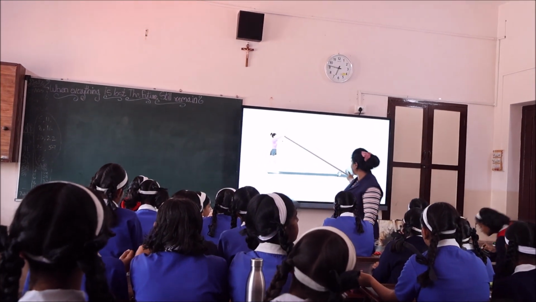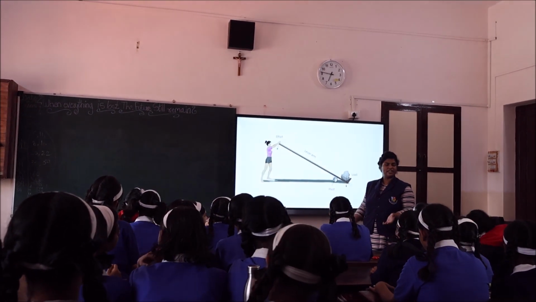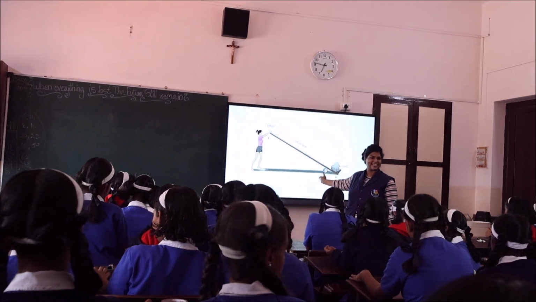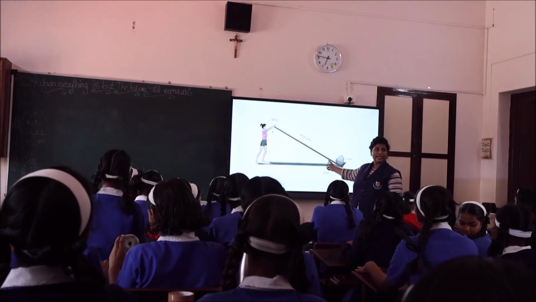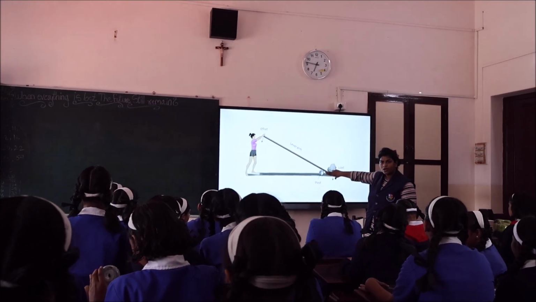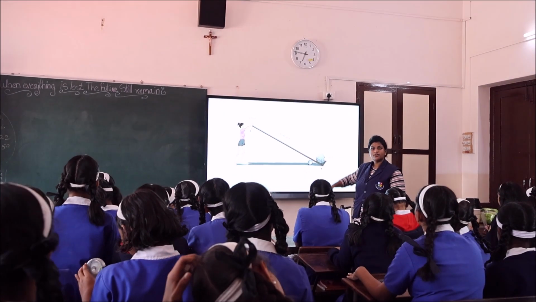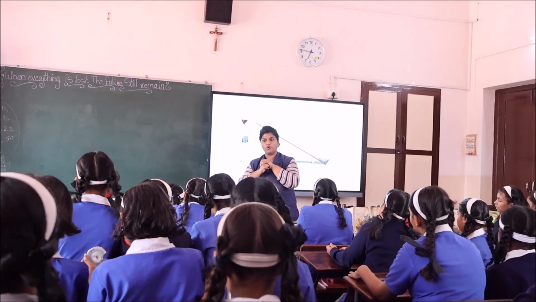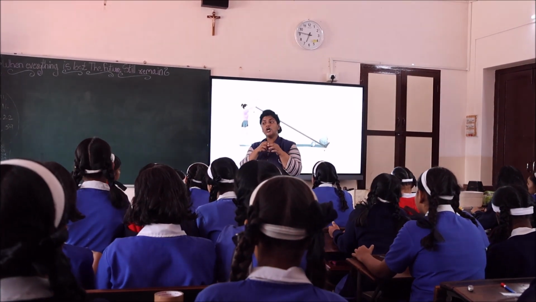So do you understand now why, if there is a heavy load that you have to carry, just by using this technique, by increasing the effort arm and making the load arm short, you can very easily lift any heavy load.